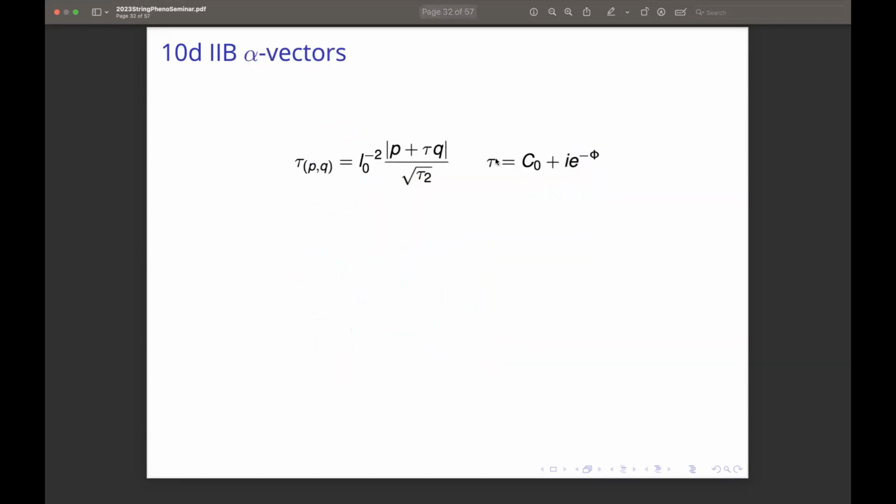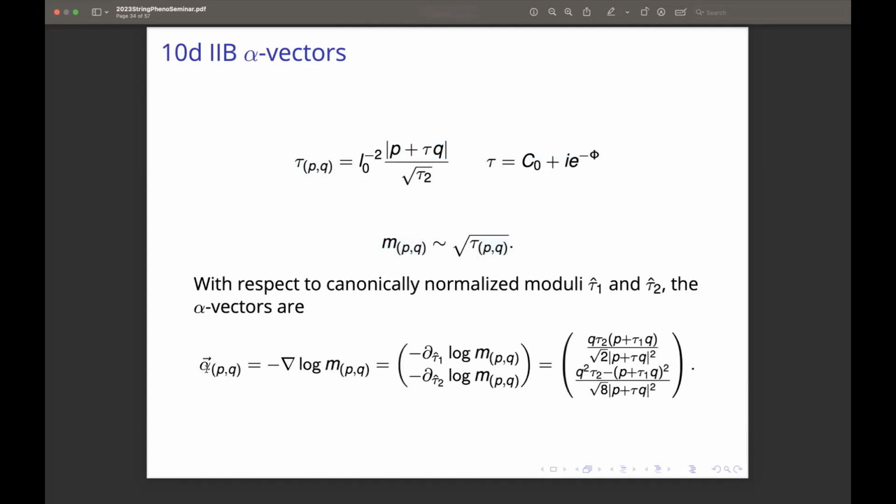Well, in this theory, there is only one type of tower, which are oscillator modes for PQ strings. If you assume that the masses of these towers scale with the square root of the tensions of these PQ strings, so this is the tension of the PQ string, then the scalar charge-to-mass ratio vectors for these PQ string oscillators are given by this formula.